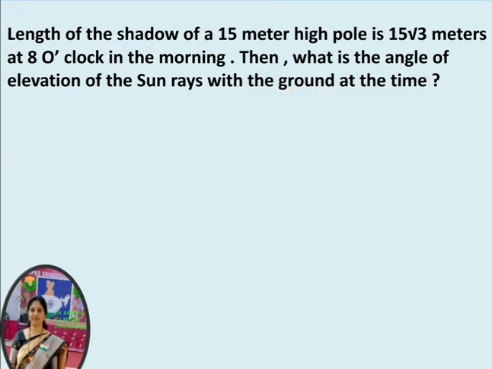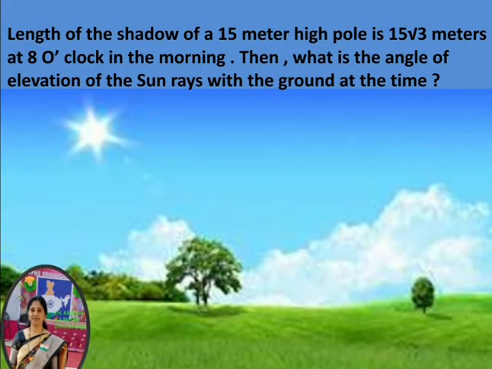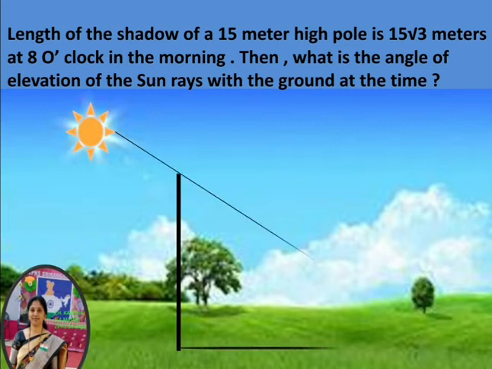So, we can imagine the concept like this. Okay, so here this is the pole. We know that due to sun rays, we get shadows for every object. Here, for this pole also. So, assume that this is the sun, and while sun rays are coming, the shadow will be created like this.